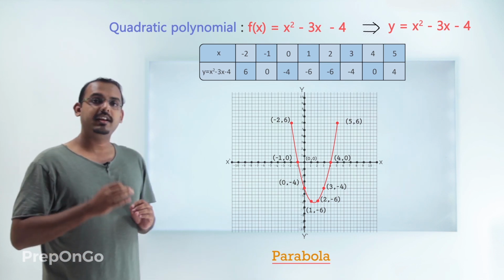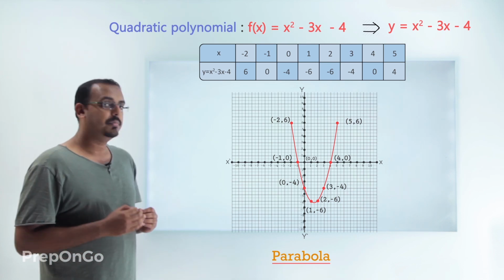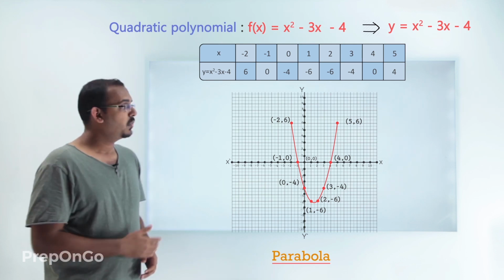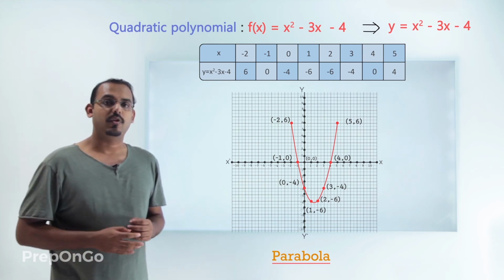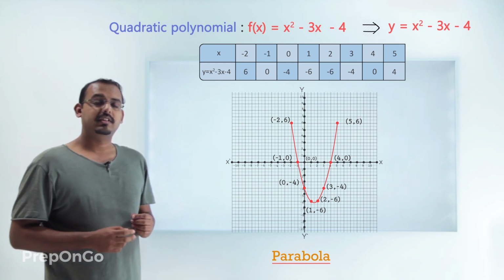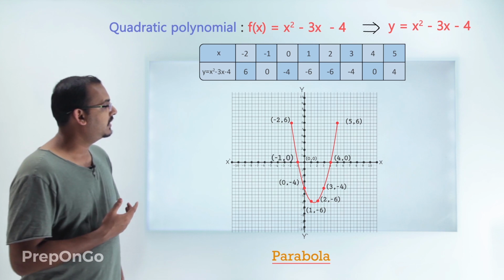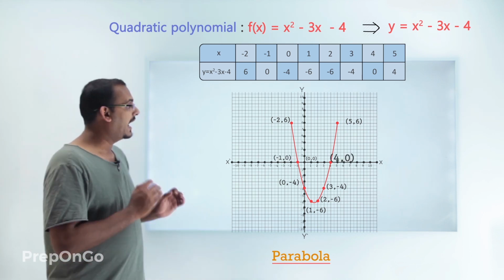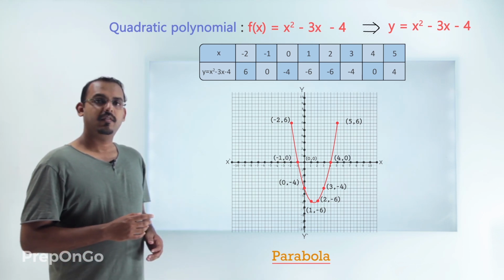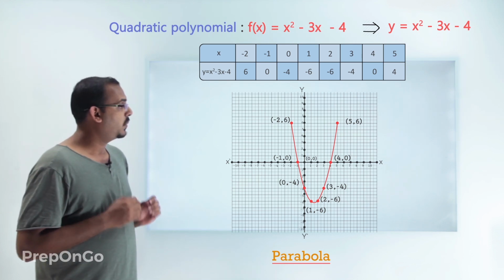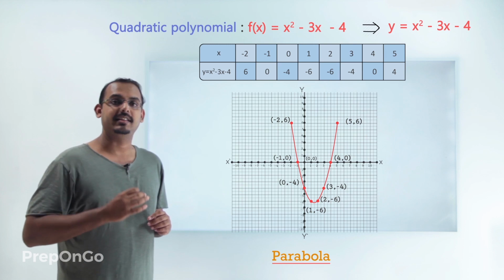So any quadratic polynomial can be represented in this particular shape, which we call a parabola, when represented in graphical form. Now again notice that there are two very interesting points on this graph. Have a look at the point (-1, 0) and the point (4, 0). These are 2 points on the graph of the polynomial where the graph intersects the x-axis.